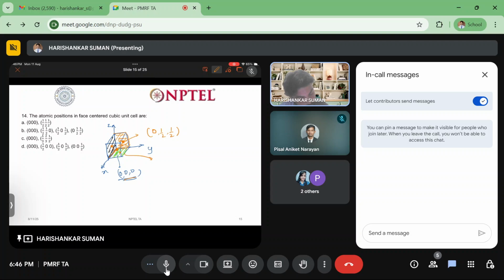For this X and Y, half, half, Z 0, and for that Y will be 0, X and Z. So which option is correct now?